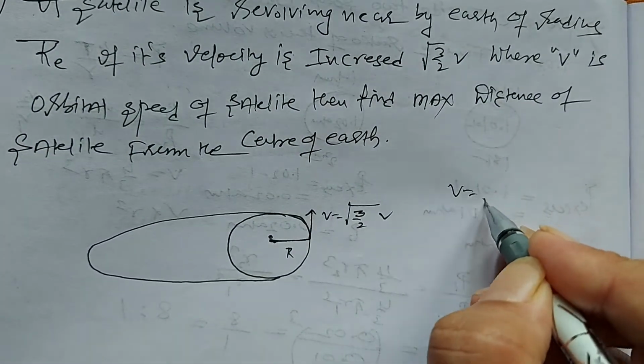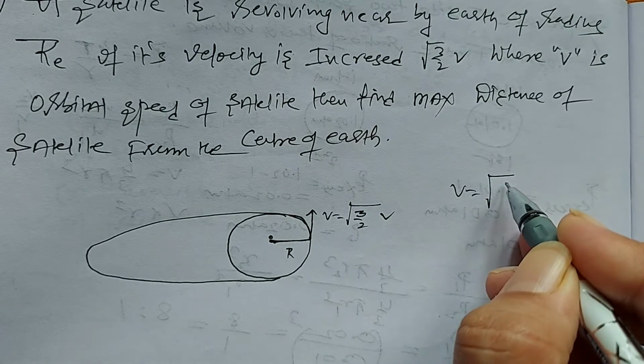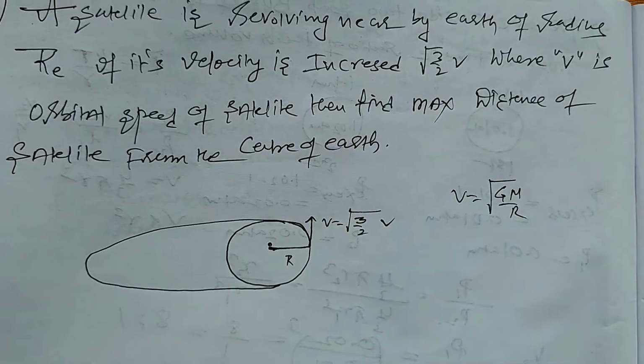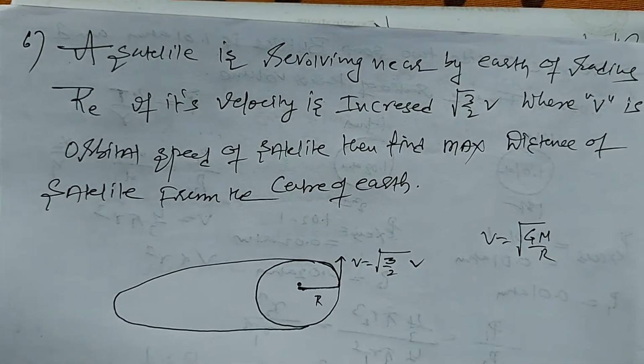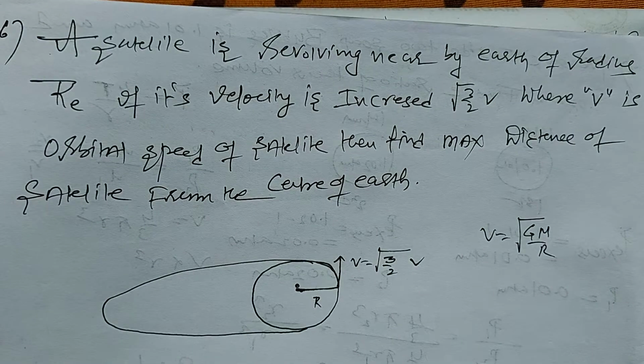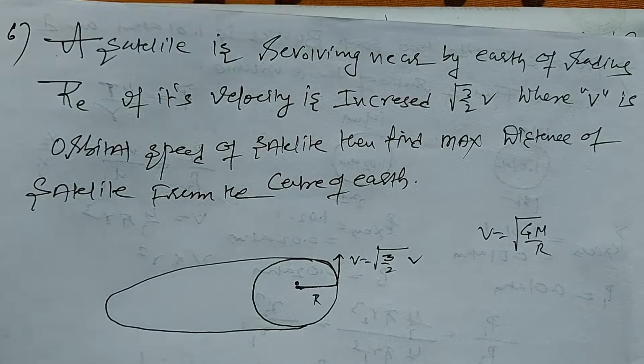Here v is equal to square root of GM by r, the orbital velocity. Then we want to find out the maximum distance of the satellite from the center of the Earth.